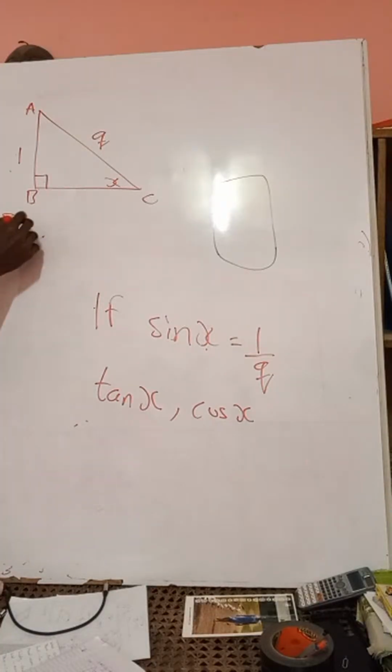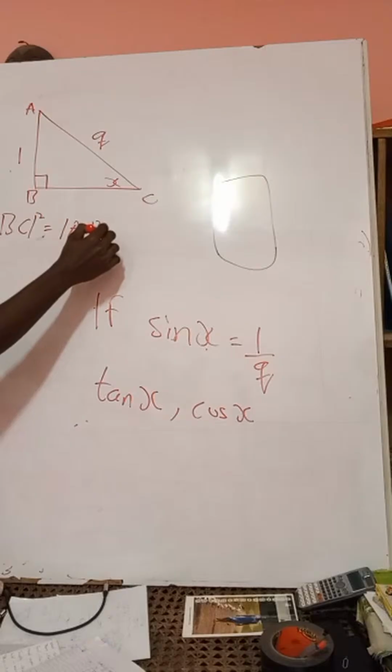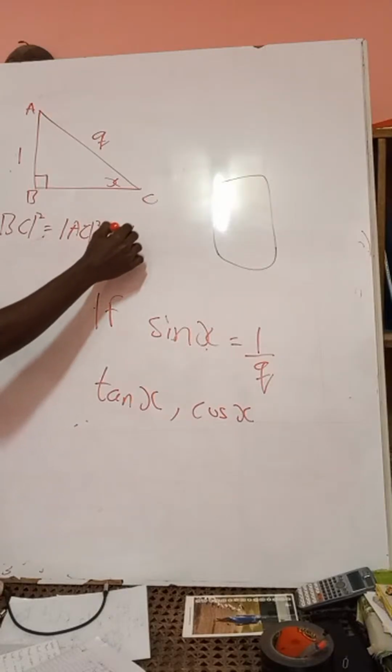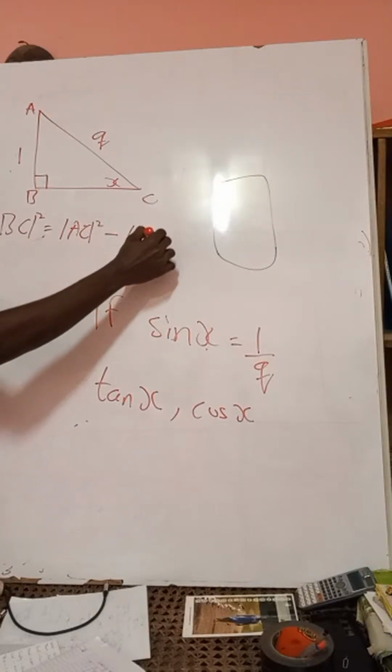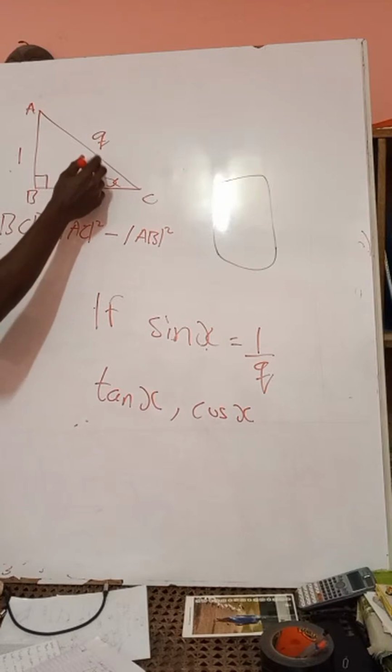So line BC squared is equal to line AC squared minus line AB squared. So when you have this, you are looking for this one.